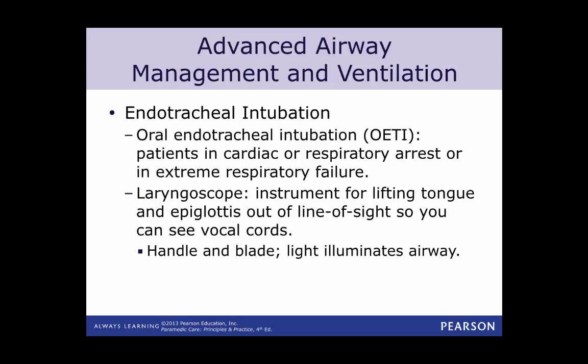Okay. So again, orotracheal intubation or oroendotracheal intubation, OETI, for patients in cardiac or respiratory arrest. The laryngoscope, I think we're pretty well versed in what it is, right? That's the instrument for lifting the tongue and epiglottis out of line of sight so you can see the cords. The handle and the blade illuminate the airway, right?